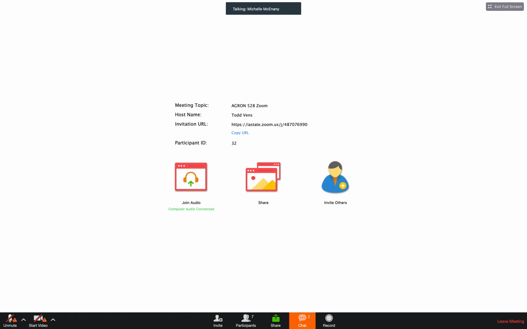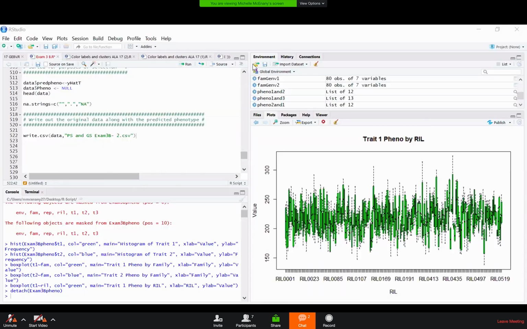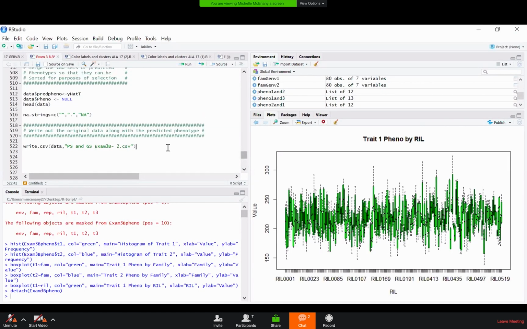So what's your last line say? Write.csv predicted GV, and then whatever I wanted the CSV to be called. But is that actually my predicted phenotype? No, that's your genotype. We didn't run the code for this, and I think that's what's kind of hanging us up.